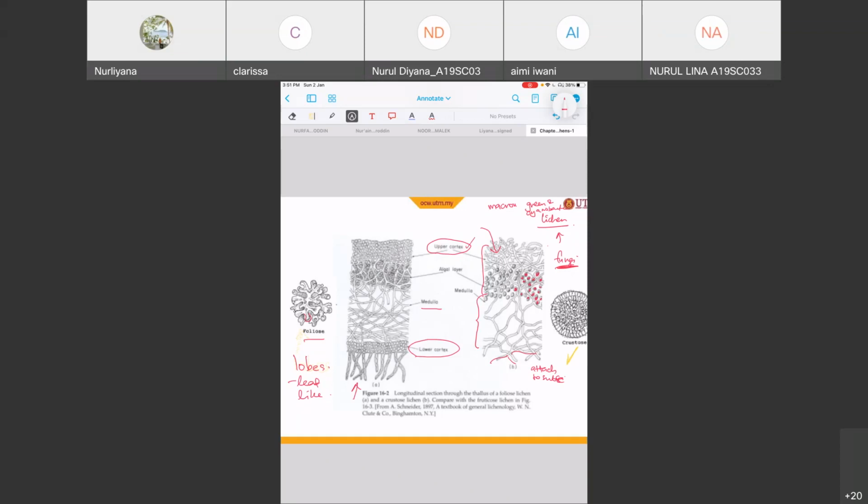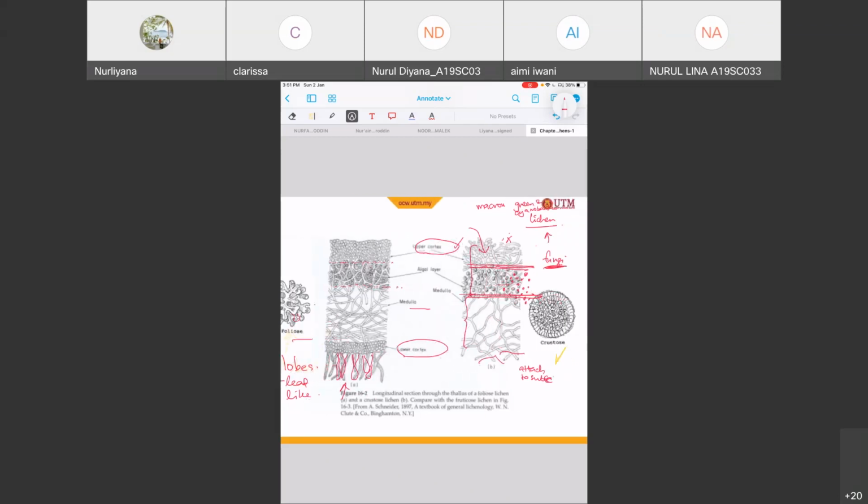For foliose, they have a lower cortex and then it extends into becoming the holdfast. Mainly what you can see is that the algal layer is embedded in the upper cortex, in this layer. Up here there is none, only in the second layer of the cortex.